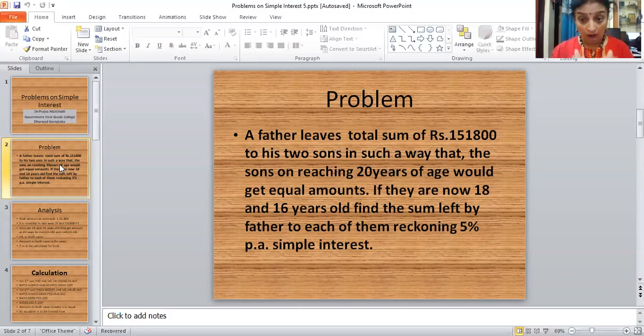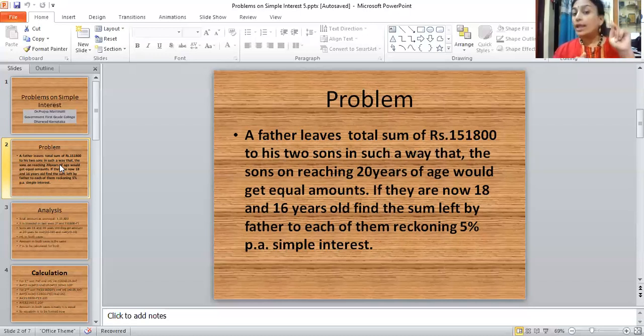And now they are 18 and 16 years old. Elder son, who is now 18 years old, will get the amount when he becomes 20 years. That means after 2 years. 20 minus 18 means for his principal, n is equal to 2 years.